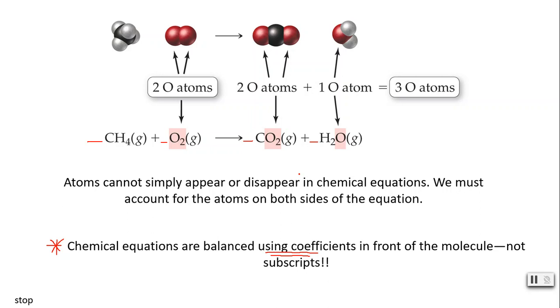You use subscripts when putting elements together to form a molecule. Once you've got that molecule formed and it's in a chemical equation, then you use coefficients to balance the overall equation. So that is the take-home message from this little vignette. In the next 2 videos, we're going to do some examples of balancing chemical equations.